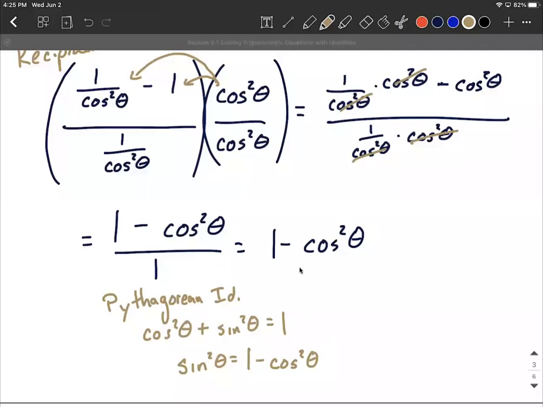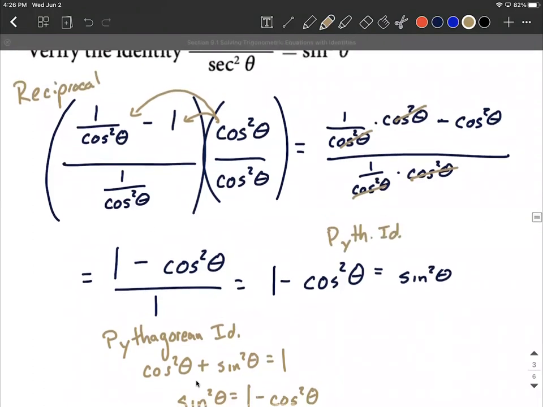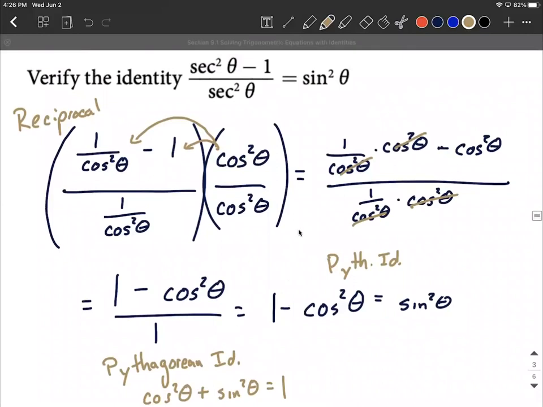So by the Pythagorean identity, we can replace 1 minus cosine squared with sine squared of theta. And to go between these two steps, this is the Pythagorean identity shorthanded up there. That's exactly where we wanted to end up. We wanted to show that all of this left-hand side was equal to sine squared, and that's exactly what we've done.